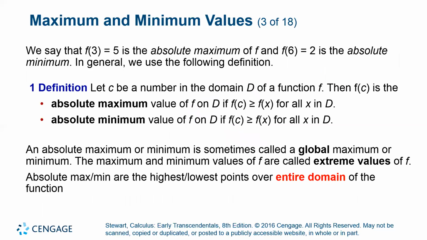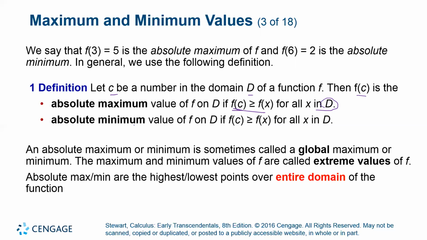So let's define this. Let c be a number in the domain D of the function. Then f of c is the absolute maximum value if it happens to be the largest value for all x in the domain D. That's what we mean by f of c being greater than or equal to any function value.